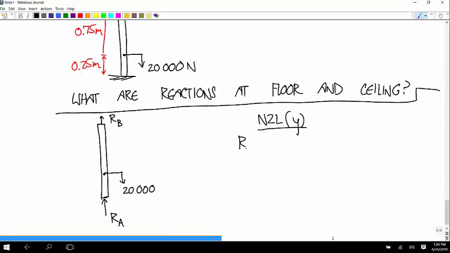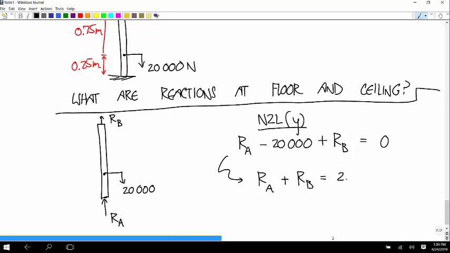It says RA minus 20,000 plus RB is equal to 0. Rearrange it, and you get your one statics equation: RA plus RB is equal to 20,000.